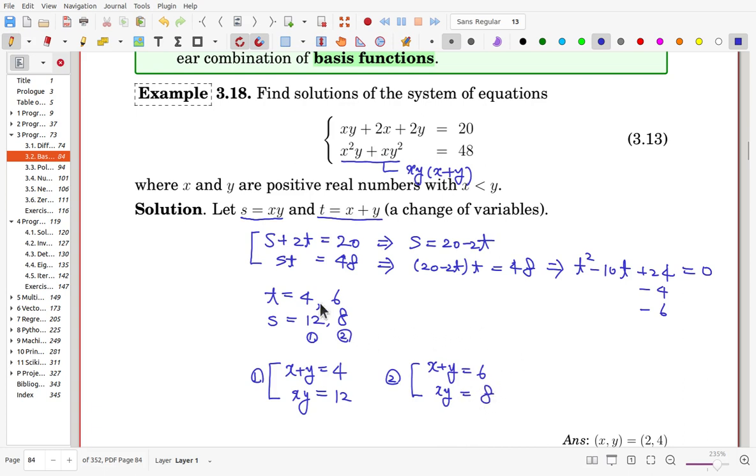If you use the same technique, for example, move y to the other side and plug 4 minus y in here, that'll be a quadratic equation for y, and you can get possibly two solutions for y, and then you can get the corresponding x values.